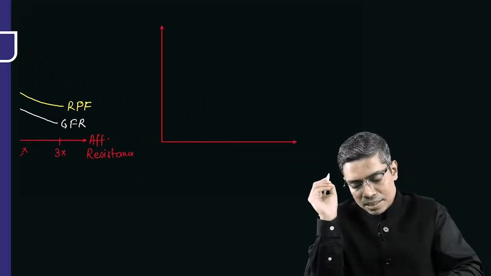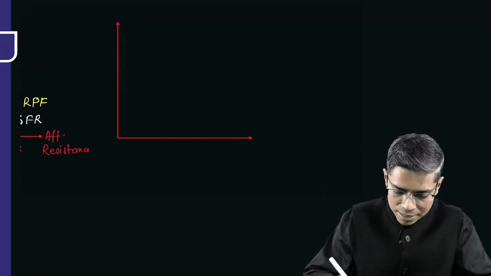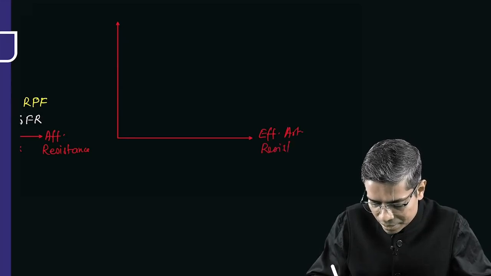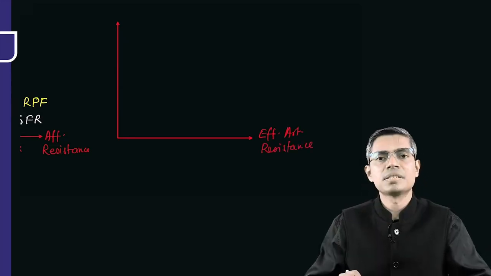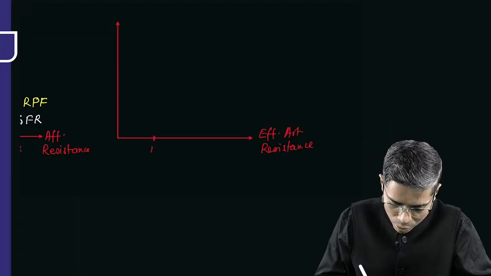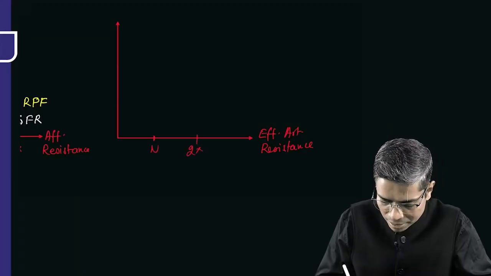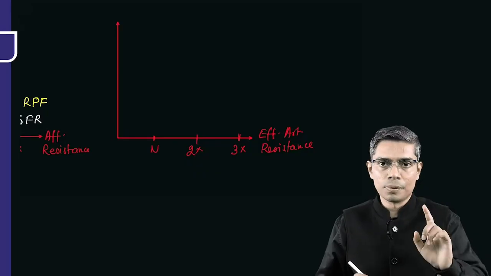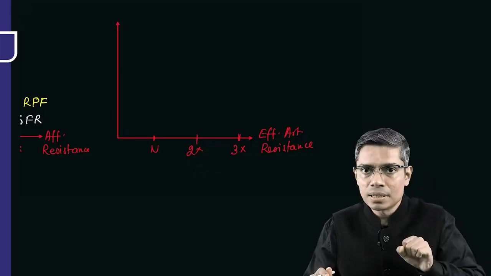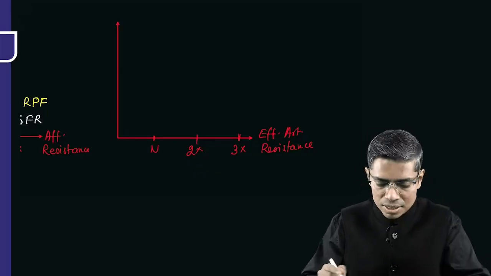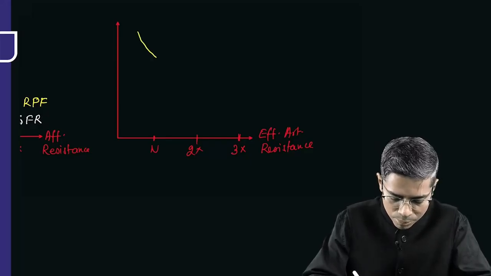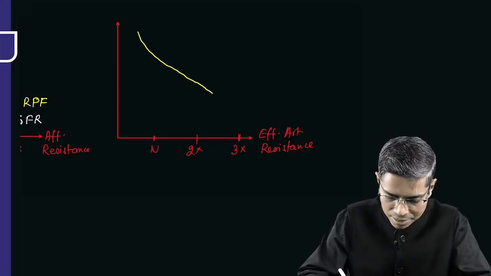But if you look at the efferent arteriolar curve, again the same thing. This is the efferent arteriolar resistance. This is normal, this is twice the normal, this is three times the normal. We know that the more you constrict the efferent arteriole, the more you increase its resistance, so renal plasma flow will progressively decrease like this.